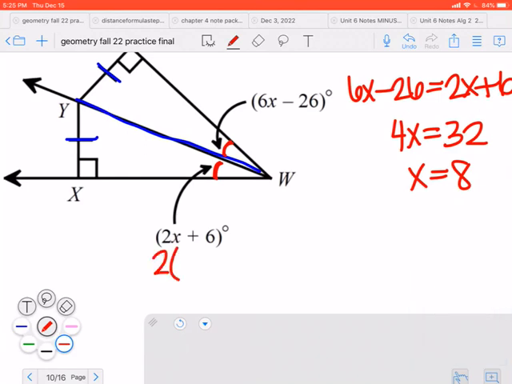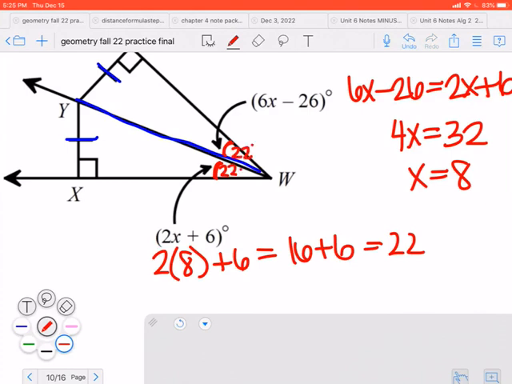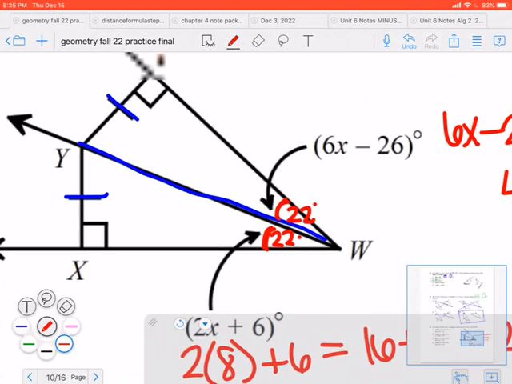And now I want to plug that in. I could use either of them. It seemed easier to multiply 8 by 2 than 8 by 6, just for easier numbers, so I'm choosing this bottom one. 2 times 8 plus 6 is 16 plus 6, which is 22. So this little angle here, 22 degrees.